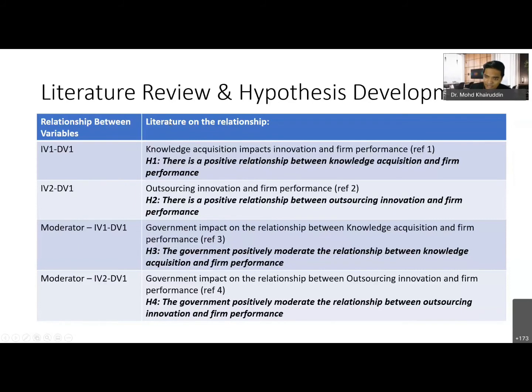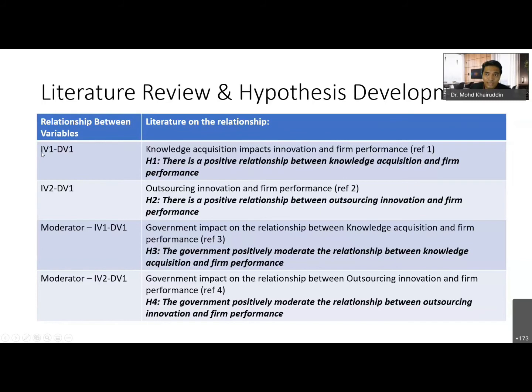The hypothesis development: how do you want to address the hypothesis development through the relationship between variables? This is the table to show how to explain and develop your hypothesis in the slides very easily.